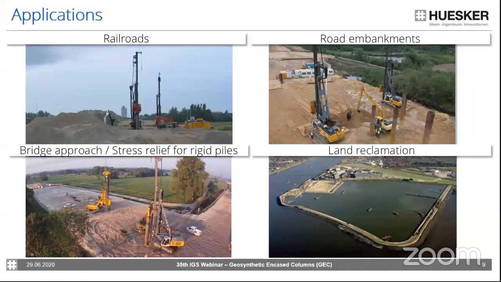It has also been used for land reclamation and even for bridge approach embankments to relieve the stress on the rigid piles. Today, we would like to focus on the road embankments and the land reclamation projects. But in general, the system can also be used in those other applications and already has been used successfully.